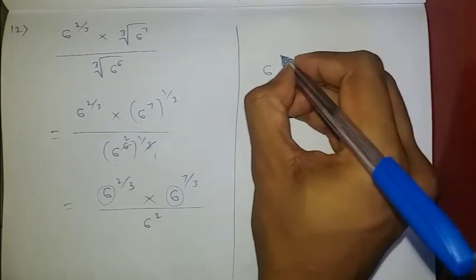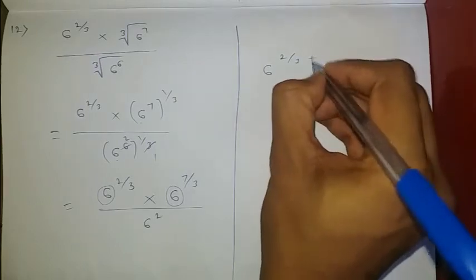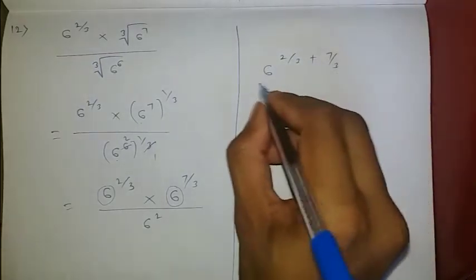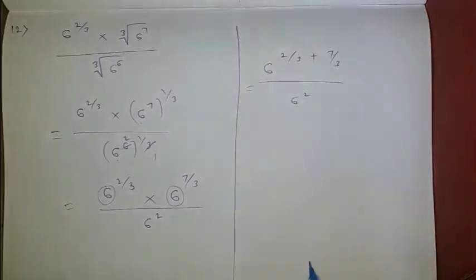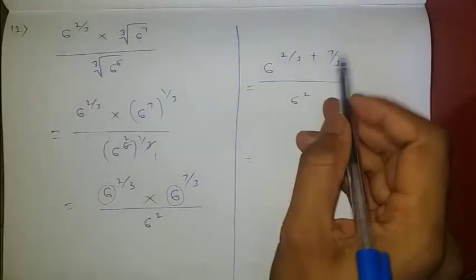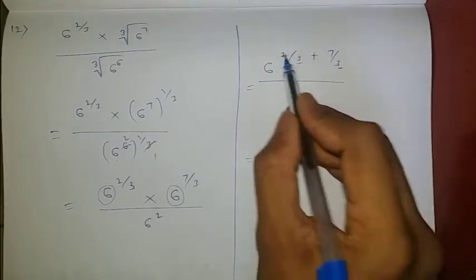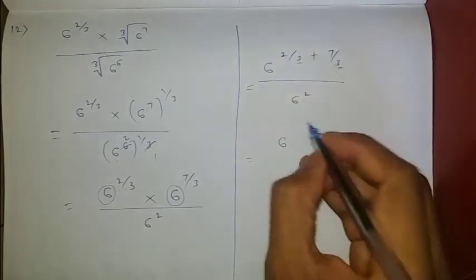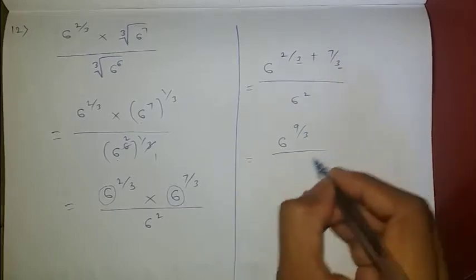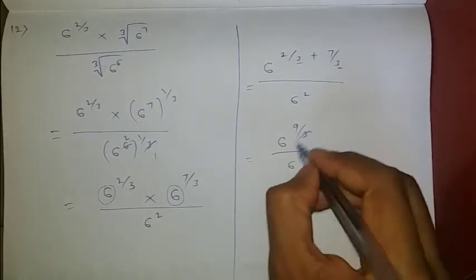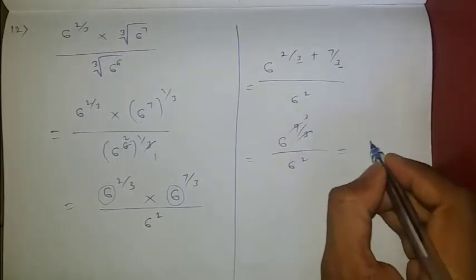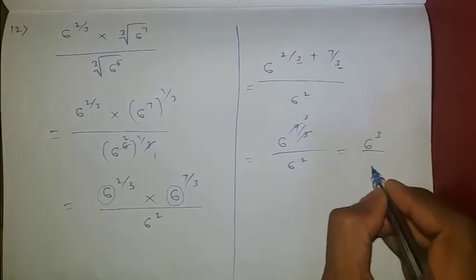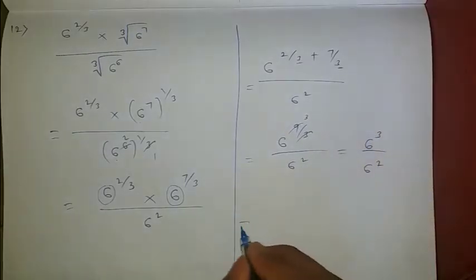That is 6 power 2 by 3 plus 7 by 3, whole divided by 6 square. Again, for the powers, the denominators are equal, so the numerators should be added. 6 power 2 plus 7, 9 by 3, whole divided by 6 square. 3 1s are 3, 3 3s are 9, so this equals 6 cube divided by 6 square.